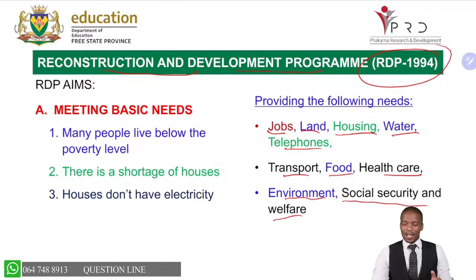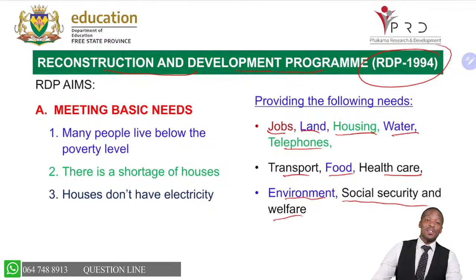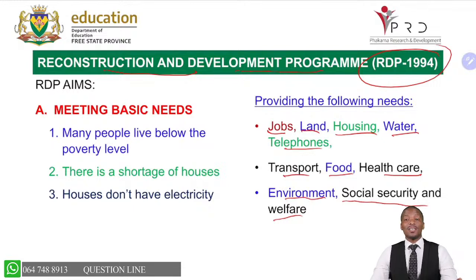It does not only focus on the housing part, but we are saying through those basic needs, people should be employed. There should be land for residential purposes. There should be land for commercial purposes. Access to housing. If those houses are there, they should have access to basic sanitation such as water and electricity.